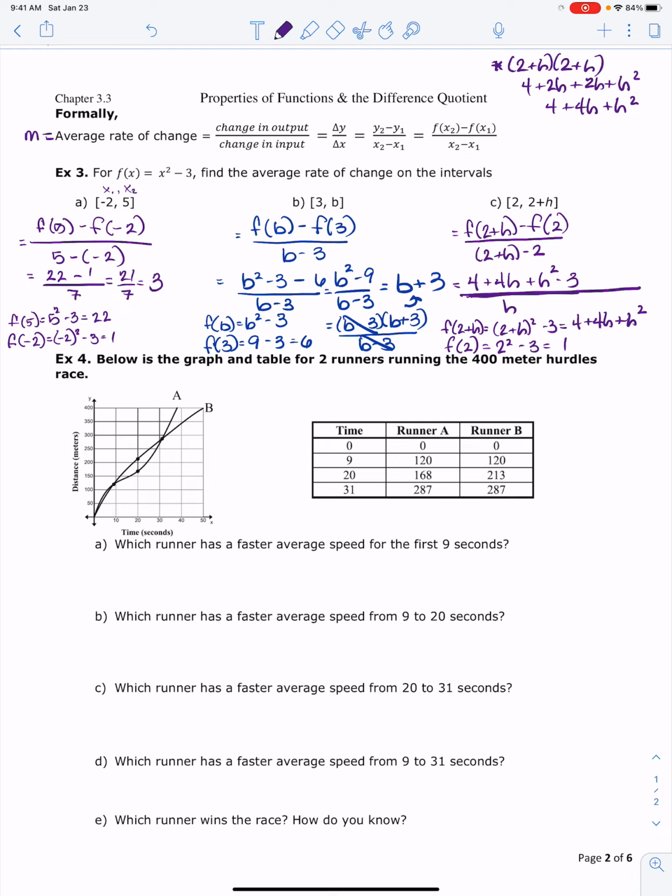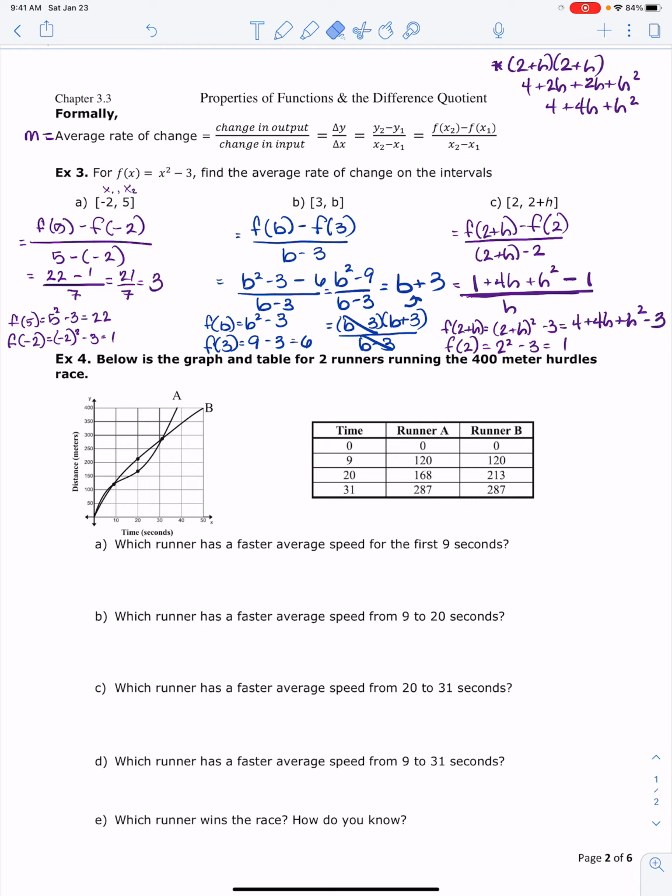F of 2 plus h. I forgot the minus 3 part up here. So I've got, let me condense that just because I'm running out of room. 4 minus 3, I'm going to rewrite as 1, minus my f of 2, which is 1.